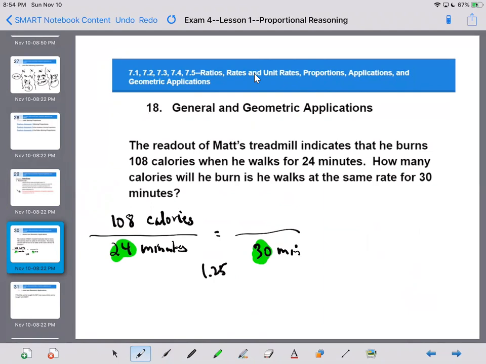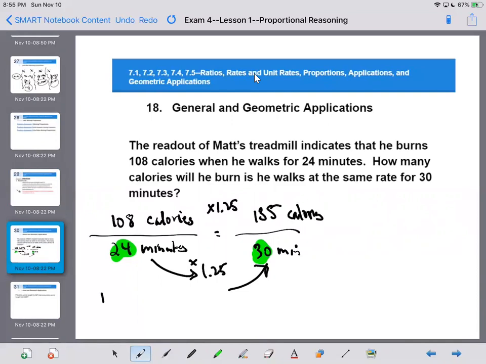So that means that 24 multiplied by 1 1/4, you're going to get 30. Well, then that means that I could multiply 108 by 1 1/4 as well. And that would give me 135 calories.